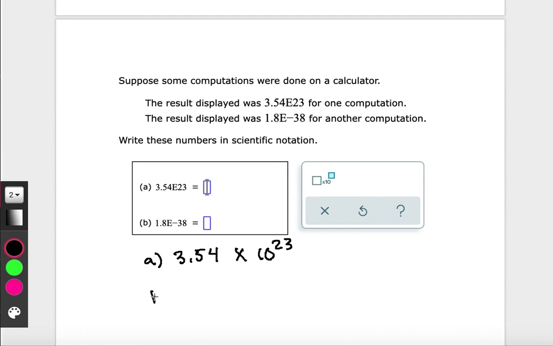Letter B, same thing, 1.8. E stands for times 10. And then my power on this one is negative 38. You have to make sure you have that negative up there. So this is an extremely large number, and this is unbelievably small.